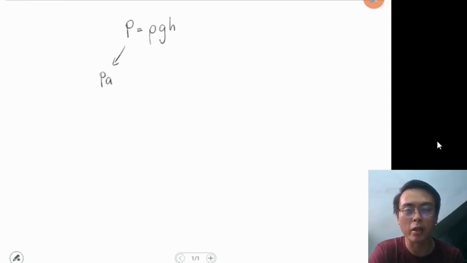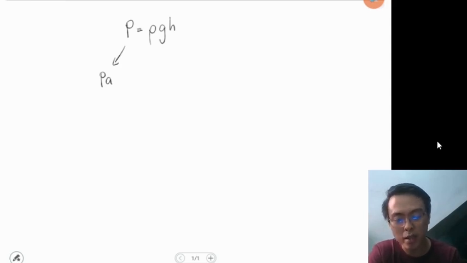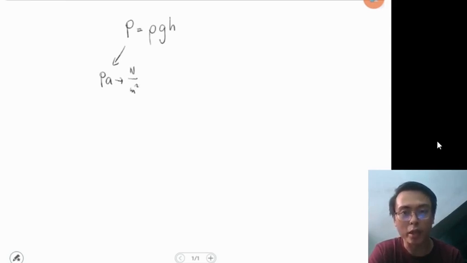Pascals can further be decomposed into other base units. If we decompose it, this becomes newtons per square meter. And the newtons can still be decomposed into base units. A newton is simply kilogram meter per second squared. Okay, basic, right? We were able to determine the base units of pressure.